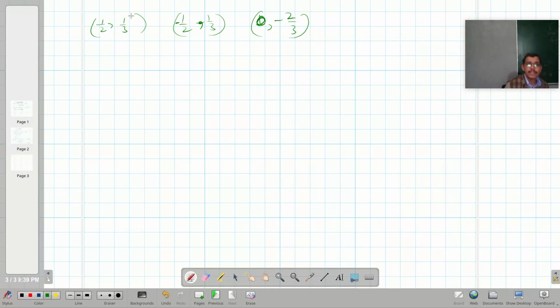So these are the values of Y and these are the values of I3. Let me draw it here.